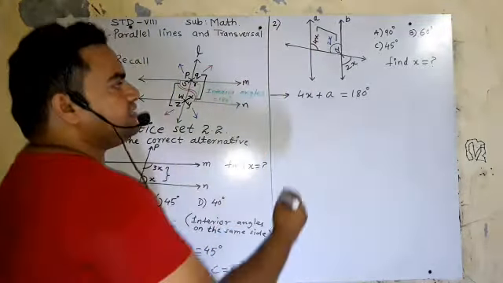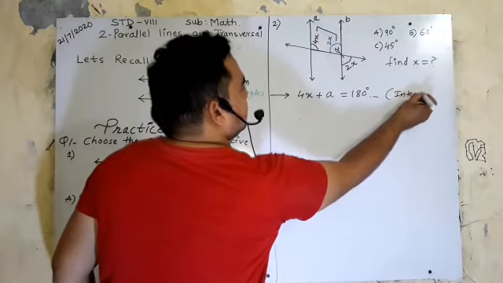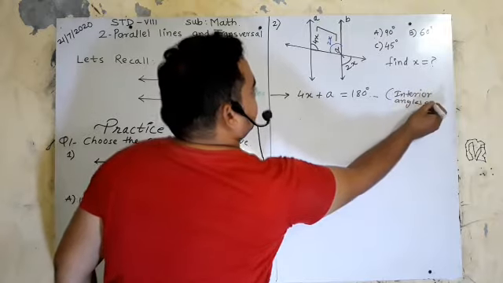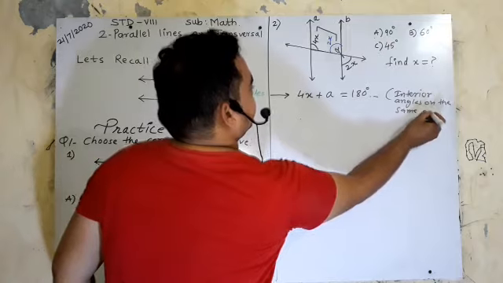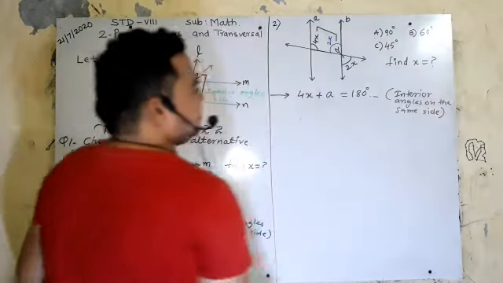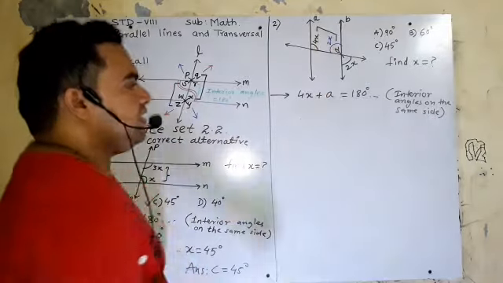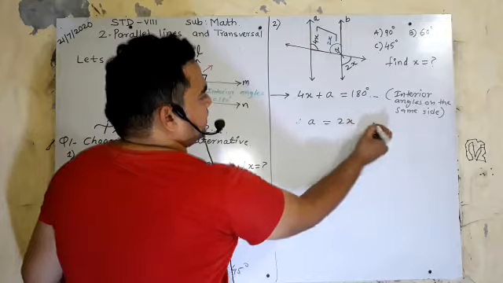So I have to write over here: interior angles on the same side. Is it clear? Interior angles on the same side. The sum of these two angles should be 180 degree. But we know here that A is equal to 2x.